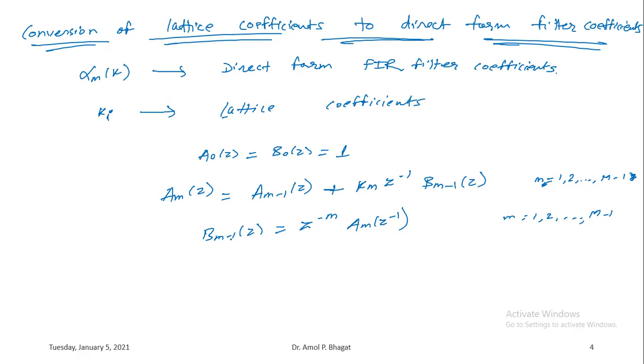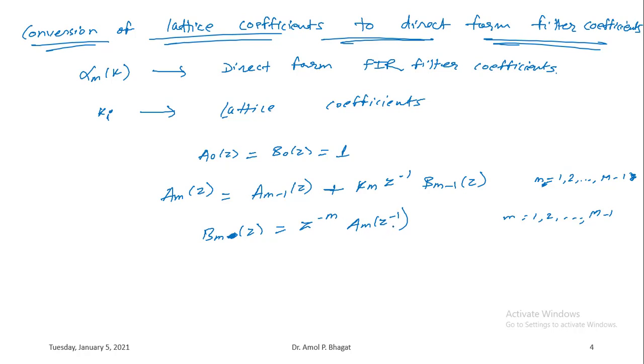Here it should be bm of z, okay, not bm minus 1 of z. So you can use this equation, that is a0 of z is equal to b0 of z is equal to 1, am of z is equal to am minus 1 of z plus km z inverse bm minus 1 of z. Bm can be obtained as z to the power minus m am z inverse.